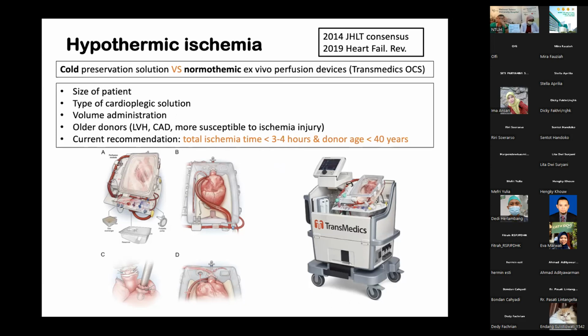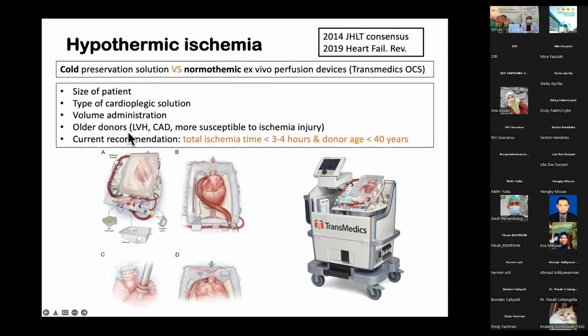Nowadays, we changed to HTK. Recently, in France or in the United States, they may use UW solution, Wisconsin solution, but it's not available in Taiwan. Okay. And the volume, you must also think about.